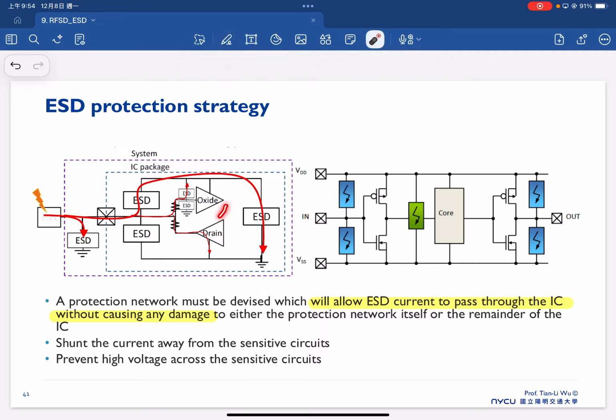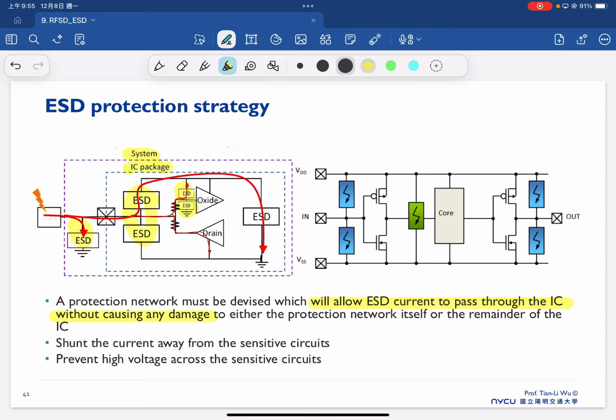We have a certain key device here, and we all know that the weakest part of a typical MOSFET is the oxide. So normally we will place the ESD protection in front of the gate side because we want to protect our gate oxide from any ESD-induced damage. In addition to this, we also do ESD protection at the package level, and to further enhance it, we also have it at the system level, as shown here.